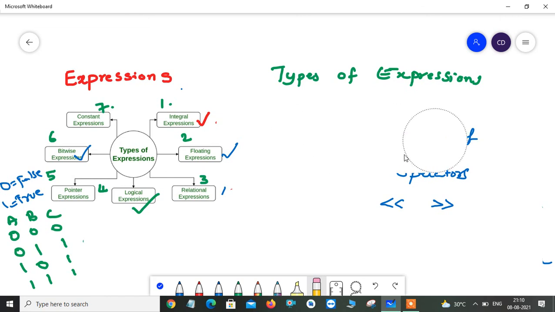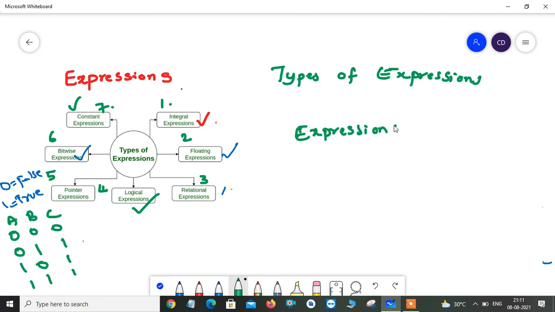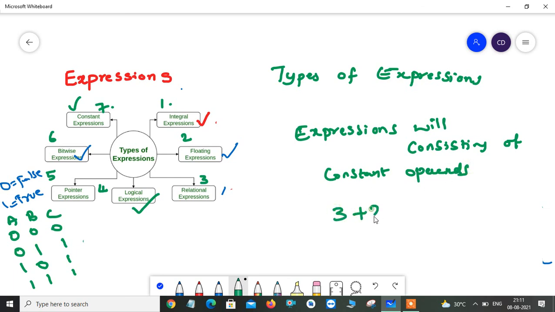The last one is constant expressions. Constant expressions are nothing but expressions consisting of constant operands. Simply you have an expression like this: 5 plus 2 multiplied with 6 divided by.